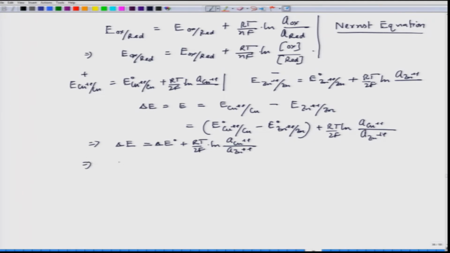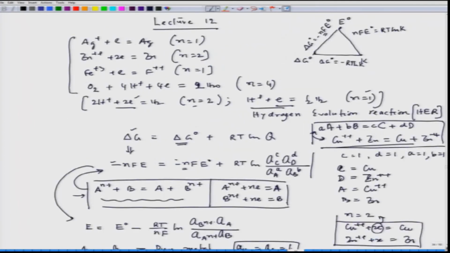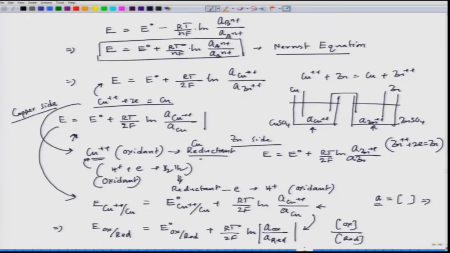or we can write this, this is the same one that we have seen here.